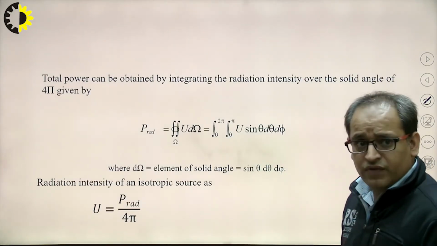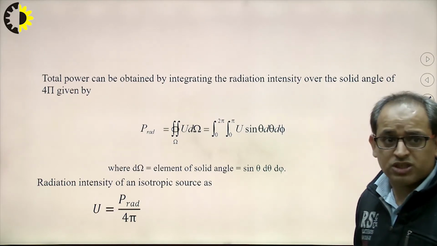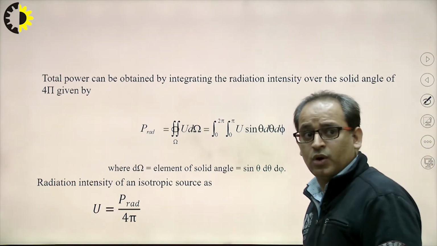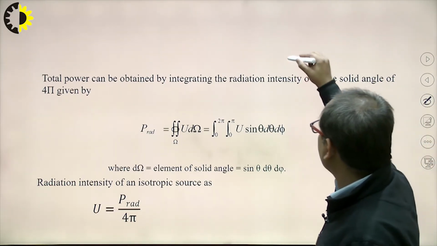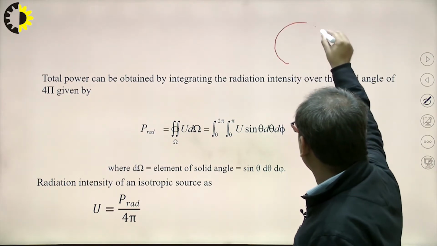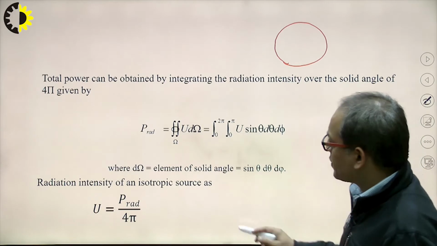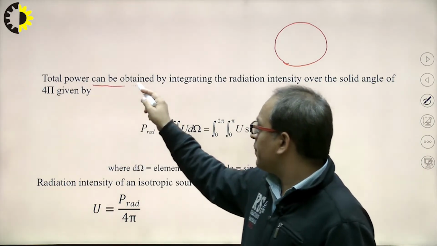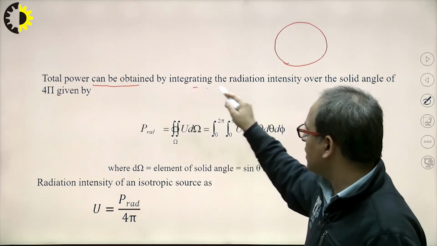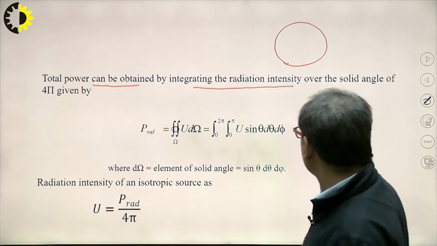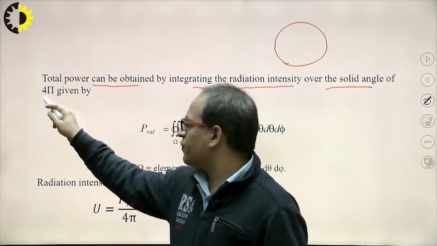If I want to calculate how much power is radiated over a sphere, the total power can be obtained by integrating the radiation intensity over the solid angle of 4 pi.